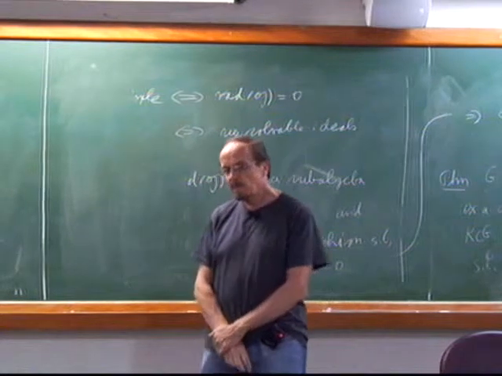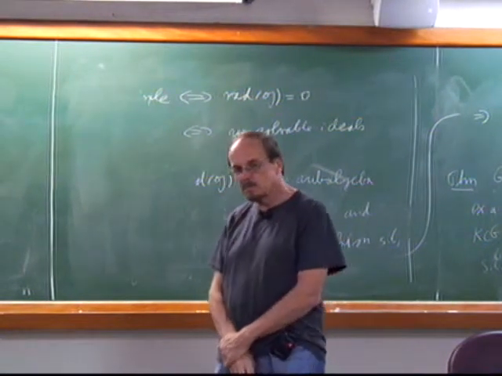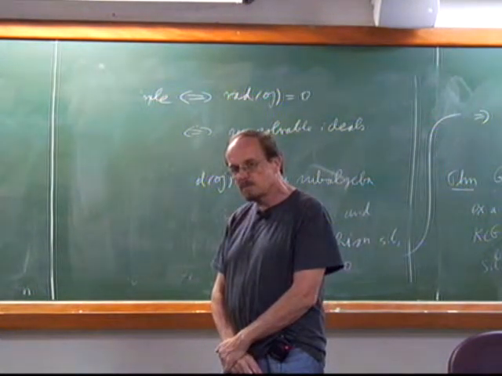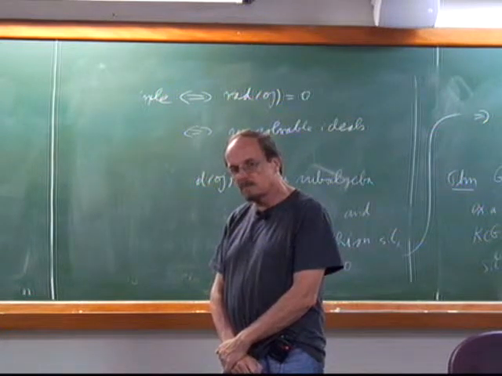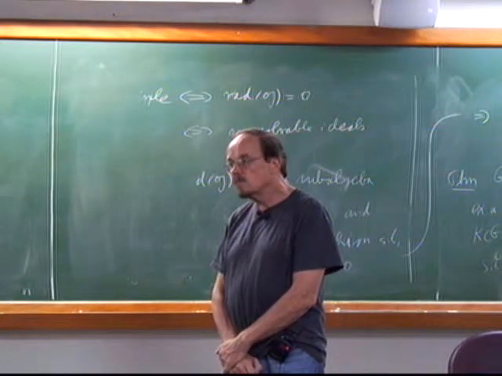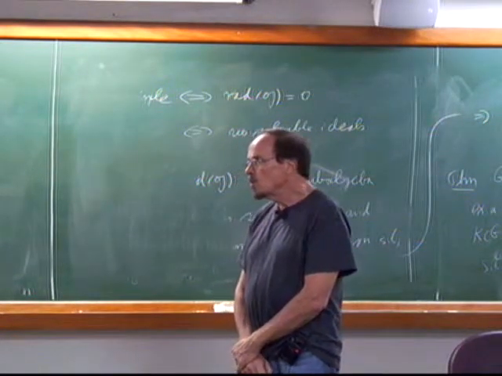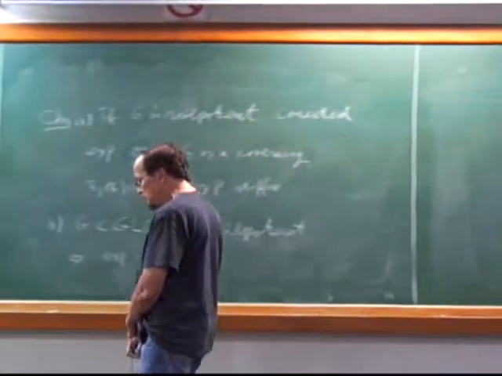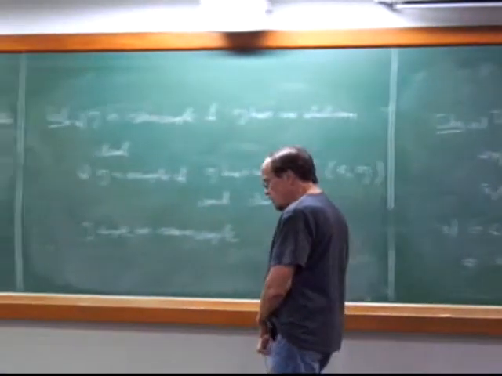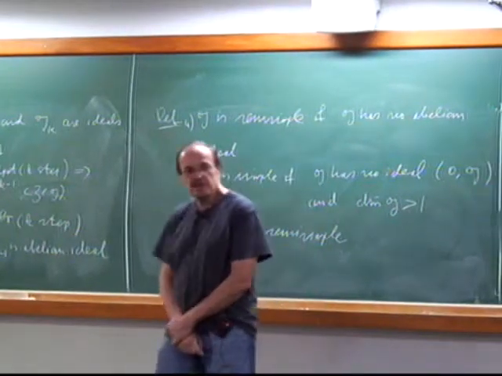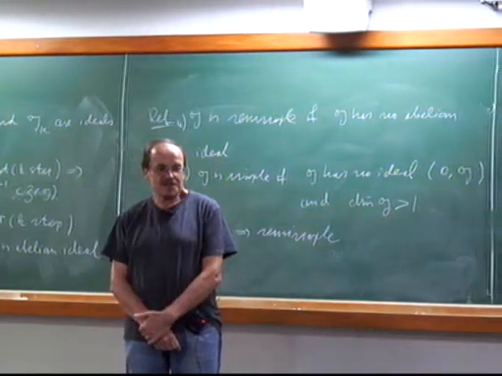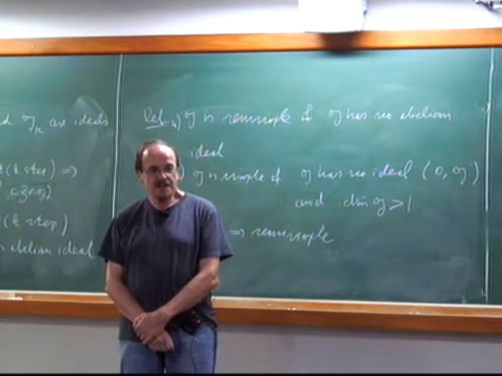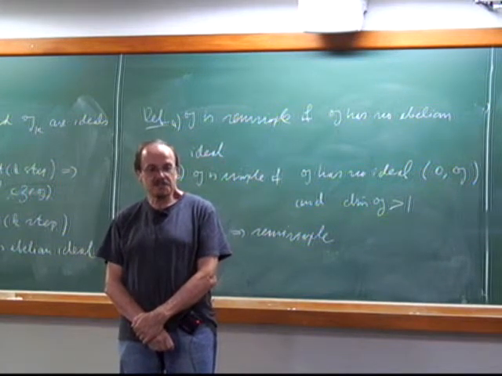If I have a Lie algebra and then a Lie subalgebra and it's solvable, is it an ideal? No. I even have abelian subalgebras, which are certainly solvable, which aren't ideals.